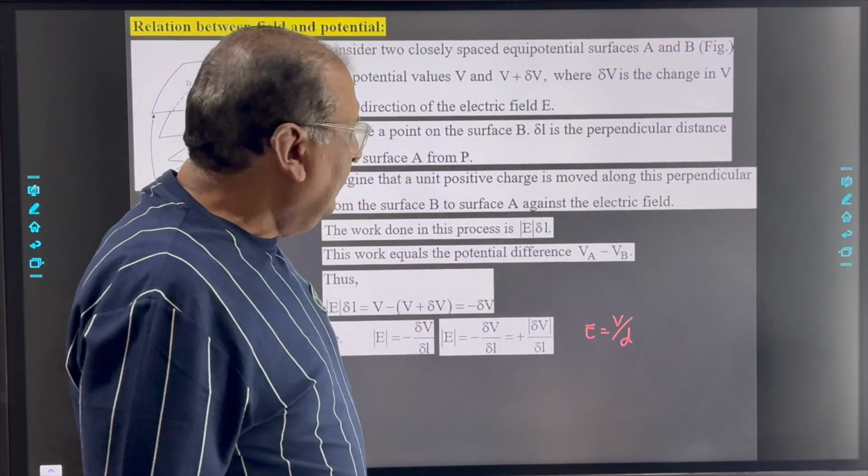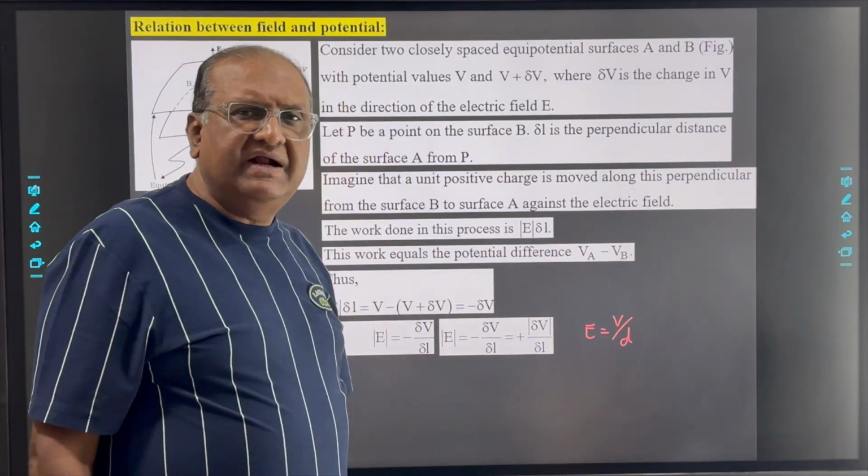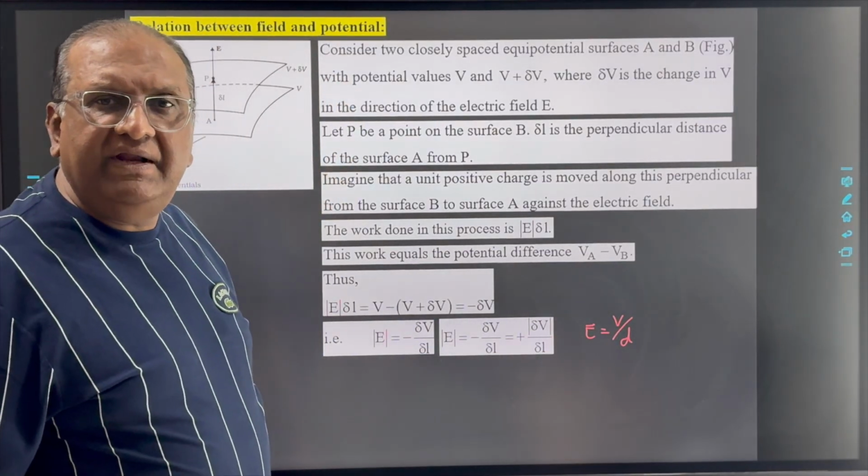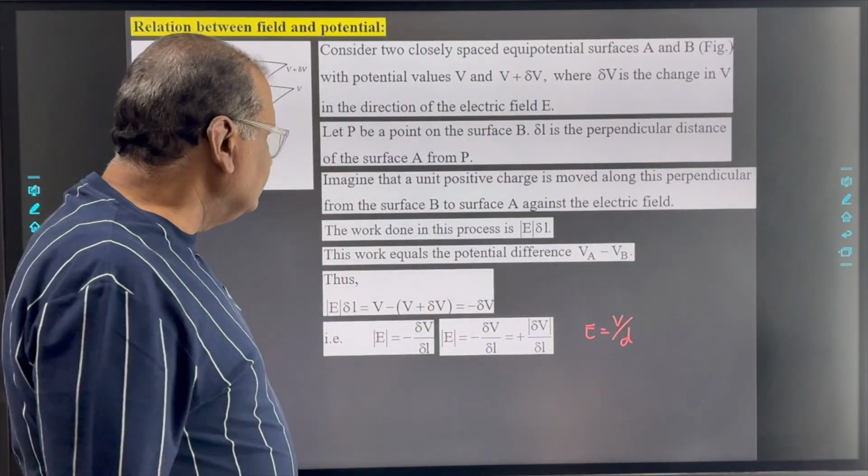Okay, and this relationship we can use to solve many problems and MCQs, right?